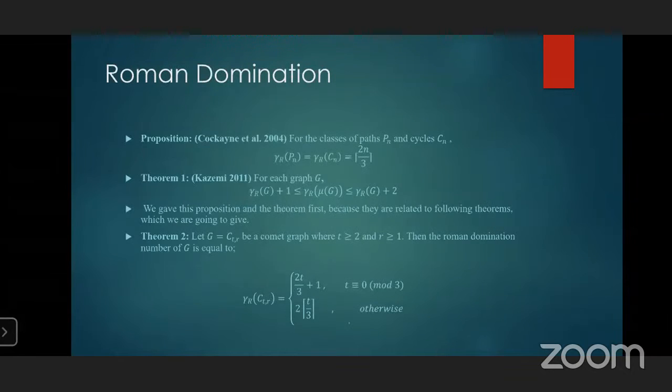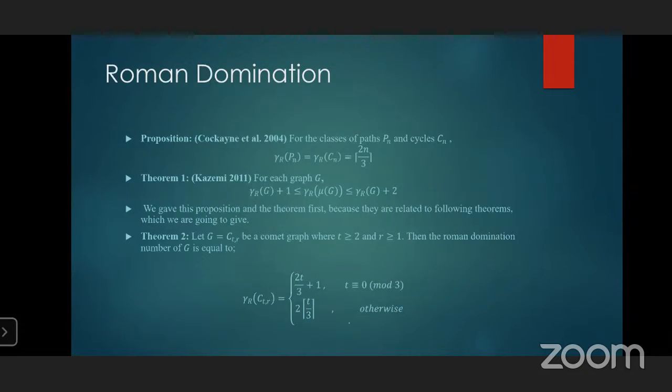Here we see a proposition from Cockayne for the classes of paths Pn and cycles Cn. γR(Pn) and γR(Cn) are equal to each other and equal to 2n divided by 3. You can see it here.